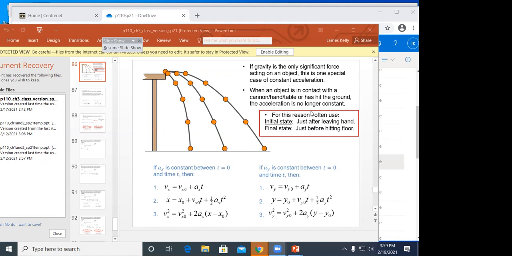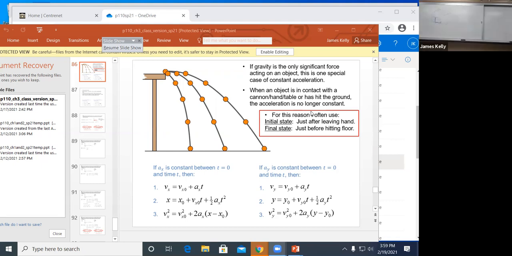0. Someone came in from out of the void, and that's good. It's 0 because initially it's moving in the horizontal direction, and Y is vertical here. So the Y component of the initial velocity is 0, right? It's moving horizontally as it rolls off the table. So let's write down that equation, then let's plug some stuff in.